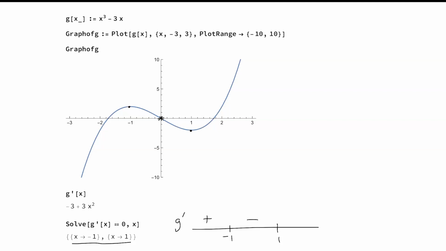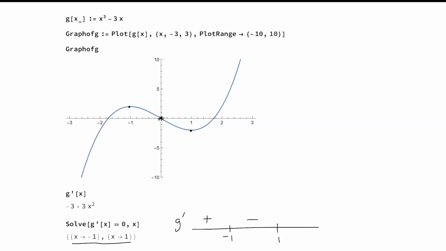Then I pick an x value between -1 and 1, and I picked 0. And I ask for g prime of 0 so I can see the sign of g prime, and I got a -3, so g prime is negative for x's between -1 and 1. And then I picked an x value to the right of 1, and I picked 1.5.